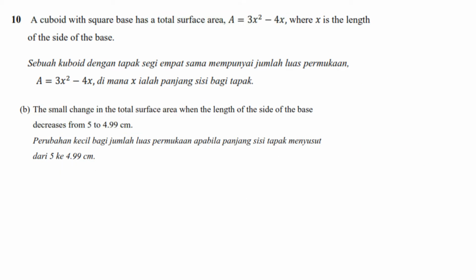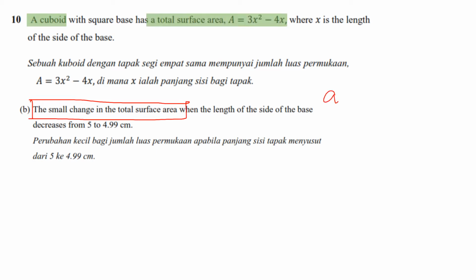Now, I would like to draw your attention to two parts where SPM candidates like you normally get confused, which is the small change in the total surface area and the approximate value.